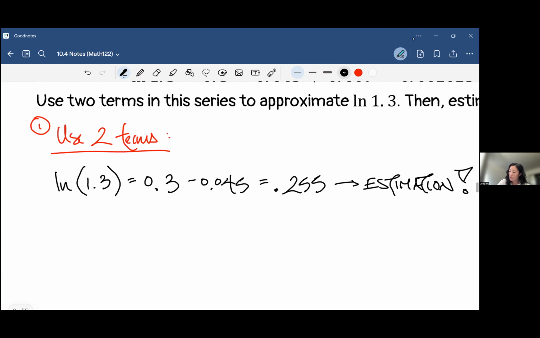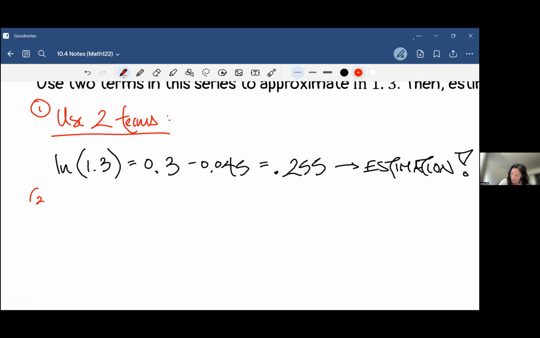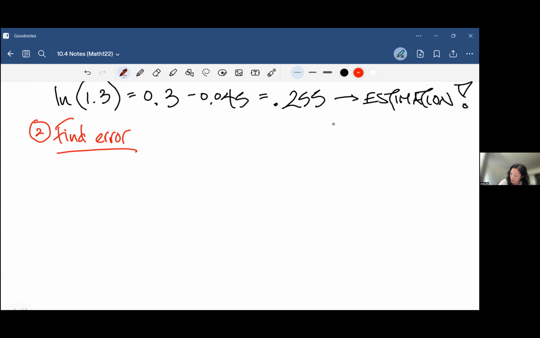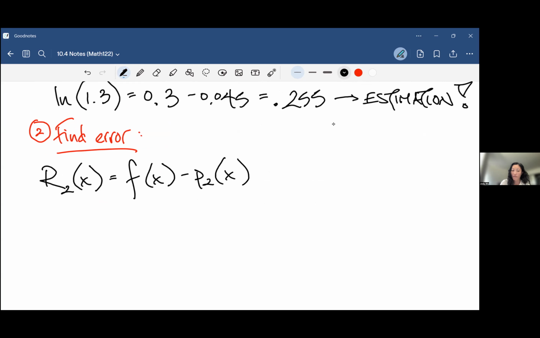Now, we know from our previous video that if we want to find our error, we can go back to our equation that R2 of x equals f of x minus P2 of x.